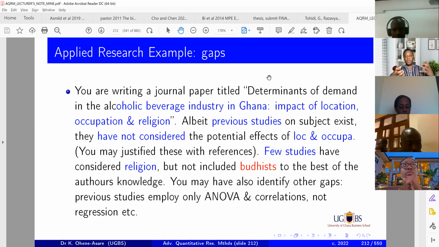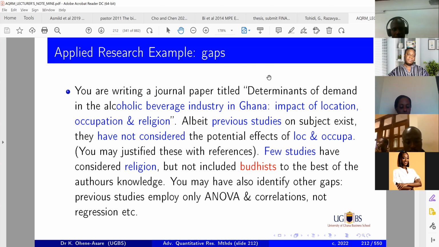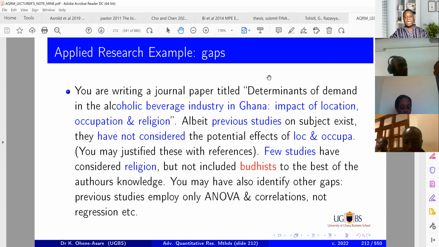In other words, we should be able to peel about 3 papers from the thesis. Question. Your thesis, this is a title. The title of your thesis is Determinants of Demand in the Alcoholic Beverage Industry in Ghana: Impact of Location, Occupation, and Religion. This is the title of your thesis.